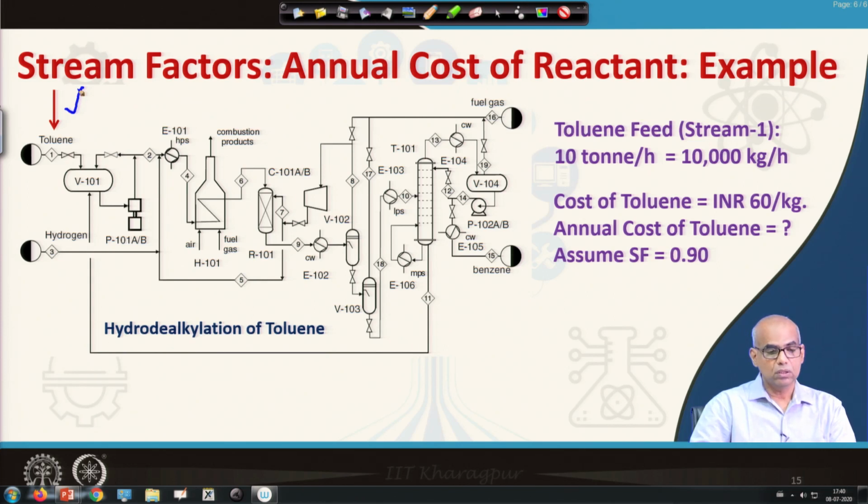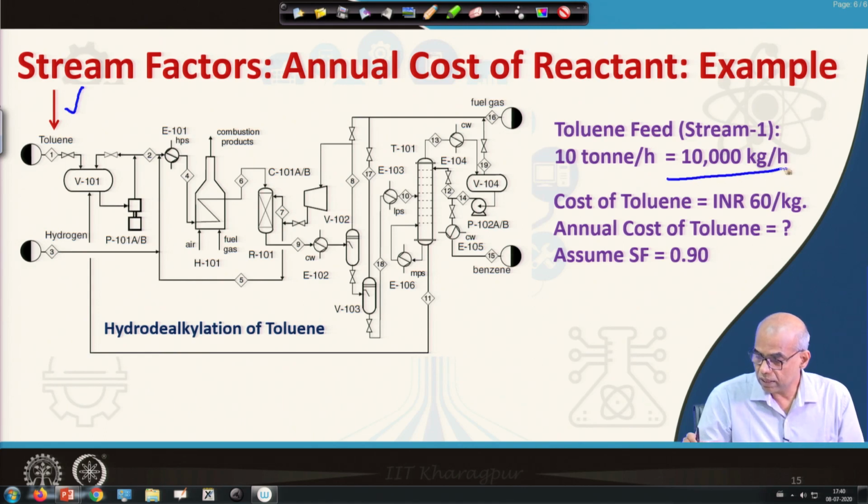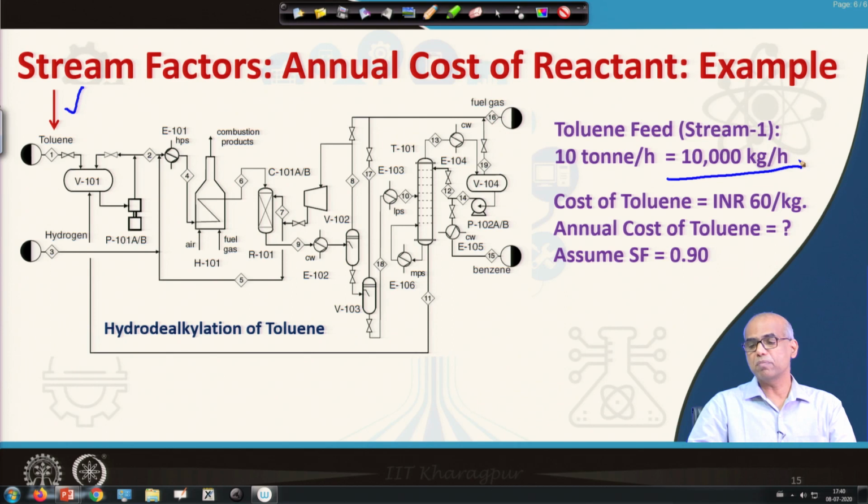Now, the flow rate of toluene is 10,000 kg per hour. It is not shown here, but let us say that a stream table is there, and from that stream table I read the toluene feed stream is 10 ton per hour or 10,000 kg per hour. Cost of toluene is around 60 rupees per kg. So, what will be the annual cost of toluene?